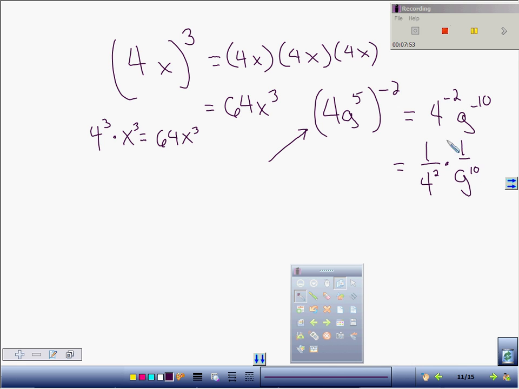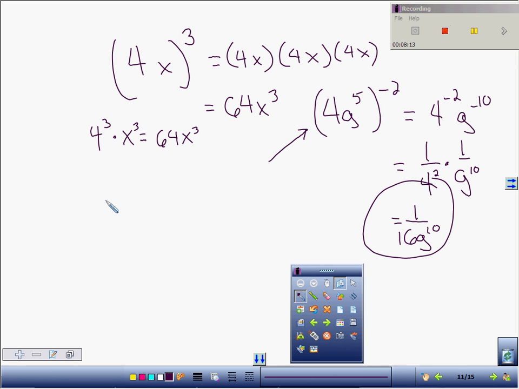What's 4 to the 2? 16. g to the 10. That's how you would write it without any negative exponents, because you have to square this, and you multiply across, and this would be the totally correct answer.